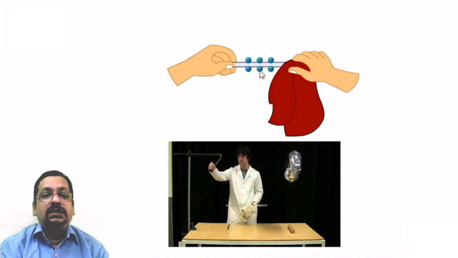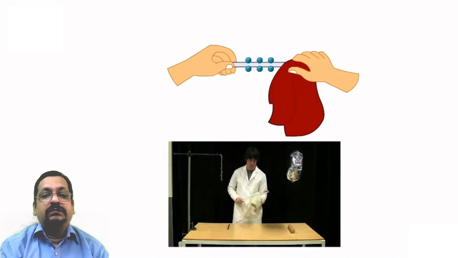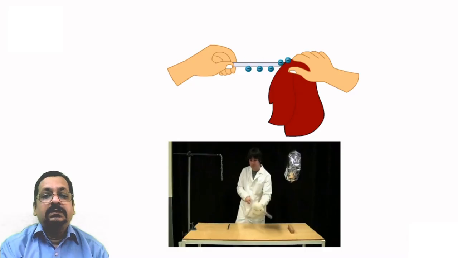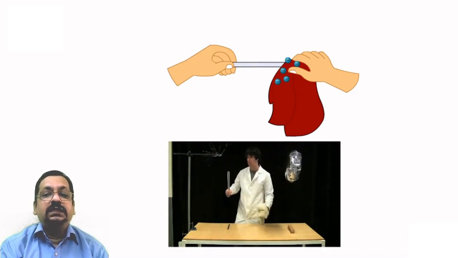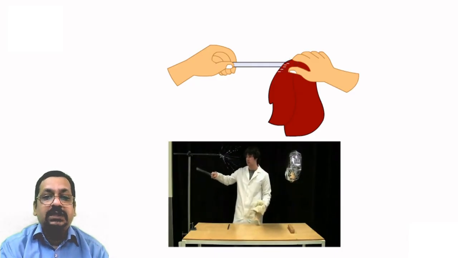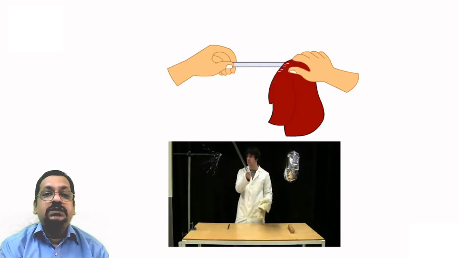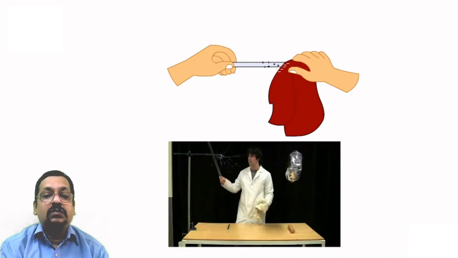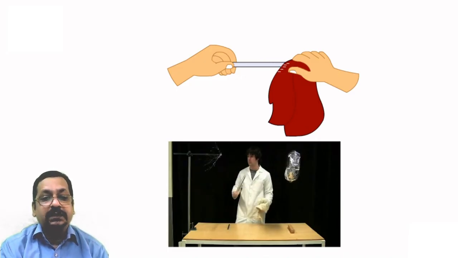The electrons on the glass rod get transferred to the silk cloth. See, the electrons are getting transferred. Obviously, the silk cloth becomes negatively charged and positive charge is developed on the glass rod. Here you can see in the clip what is happening.